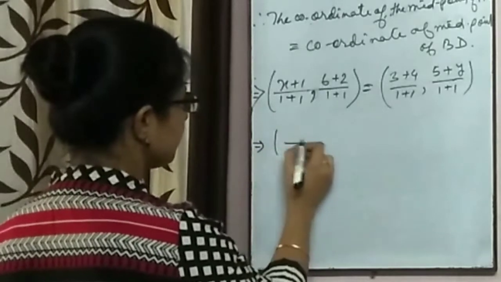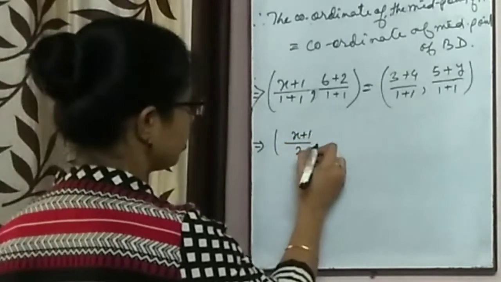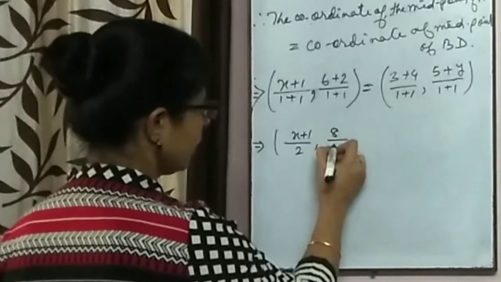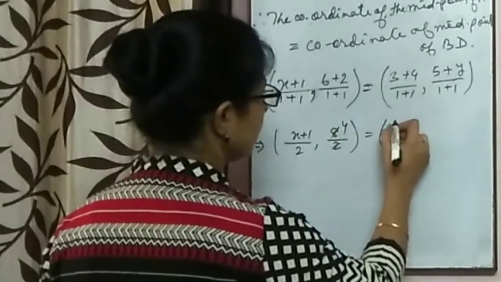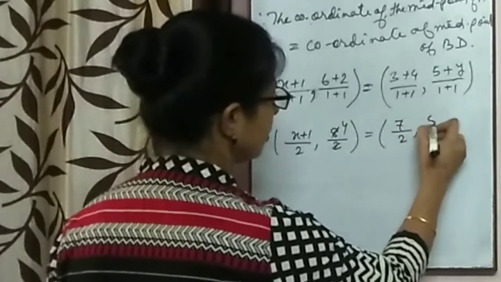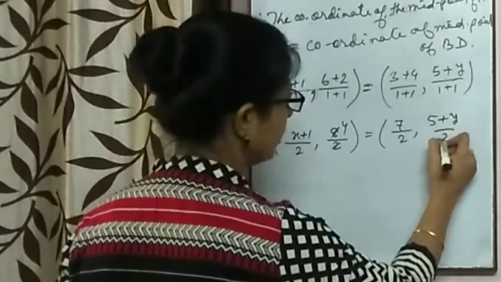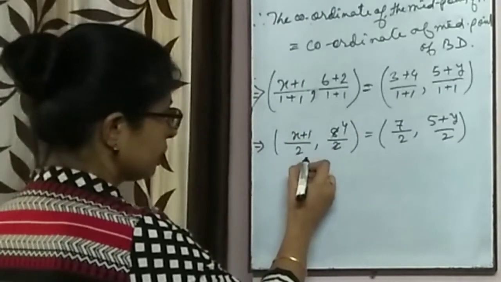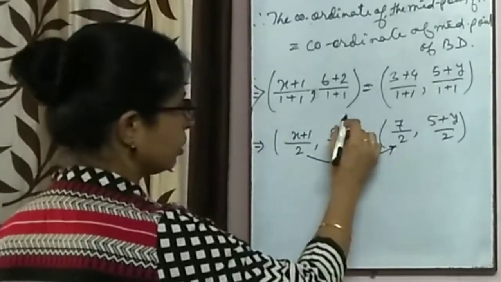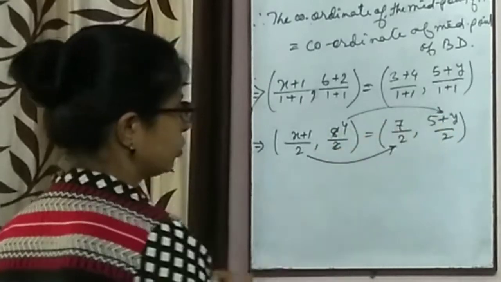Thus here comes (x plus 1) by 2, 8 by 2 gets cancelled, 4, 7 by 2, (5 plus y) by 2. As both the coordinates are equal, therefore x coordinate will be equal to x coordinate and y coordinate will be equal to y coordinate.